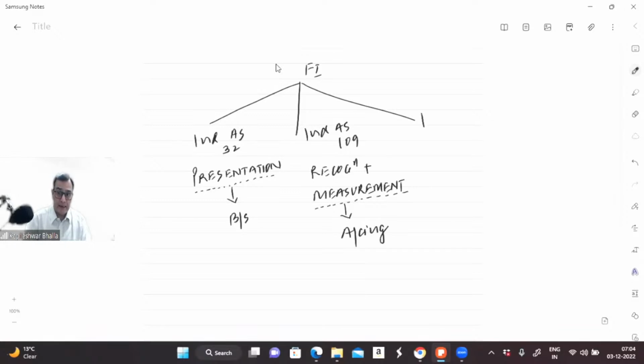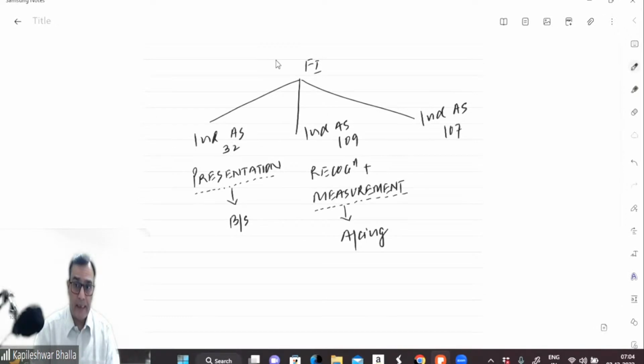And then there is a third standard, Ind AS 107, and that talks about financial instruments disclosure. Naturally, when we're looking at disclosure, we're not looking at any kind of accounting, because all these disclosures are going to be made in the notes to accounts.